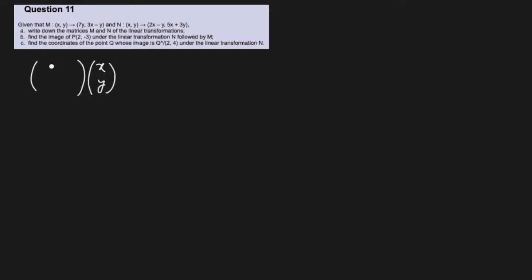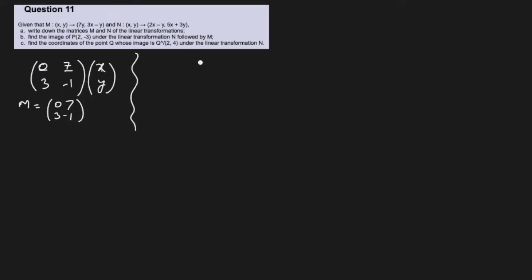The multiplication of this times this and plus this times this will be 7y. That means x should be multiplied with 0, so it has to be 0. And 7 will be here, so 7 times y will be 7y. Now 3x: 3 times x is 3x, minus y, so minus 1 times y is minus y. So that's why our M matrix is 0, 7, 3, minus 1.